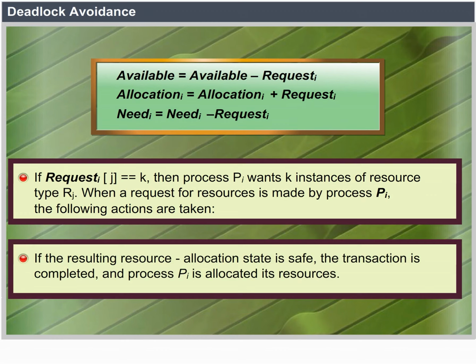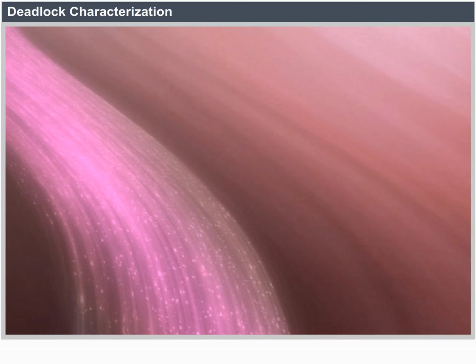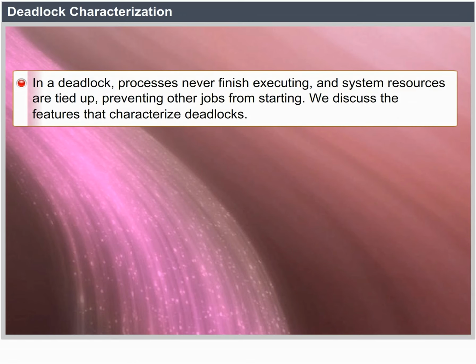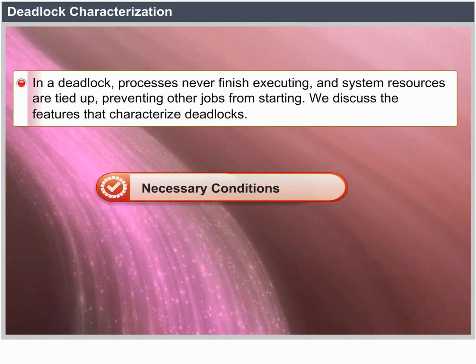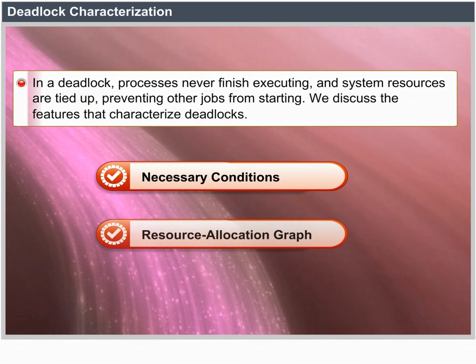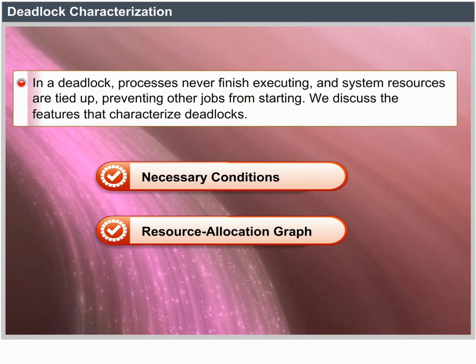Deadlock characterization. In a deadlock, processes never finish executing and system resources are tied up, preventing other jobs from starting. We discuss the features that characterize deadlocks. Necessary conditions. Resource allocation graph. Necessary conditions.